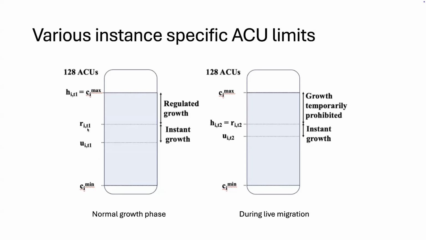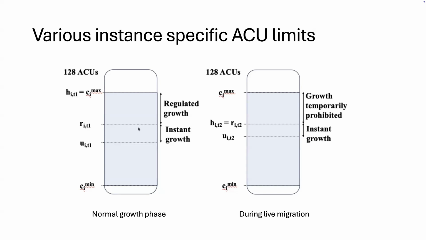During the normal growth phase, HIT is equal to CI max, and the current usage is UIT, which is the utilization for instance I1 at time T1. Another parameter which is decided is RIT1, which is how much is reserved for this instance at the current moment.